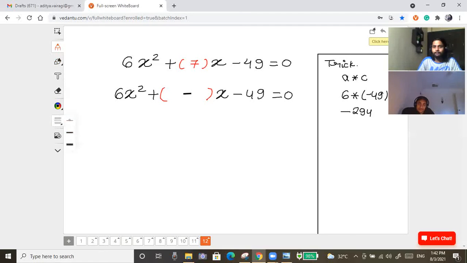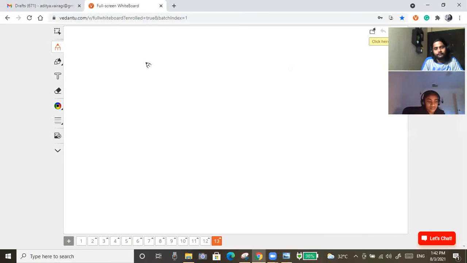So that can be obtained when you factorize 294. I think I can do it on the next page, then it will be more clear to you. So this is 294, and we try to factorize it. Initially we'll begin with 2, right? 2 ones are 2, 2 fours are 8, 2 sevens are 14.